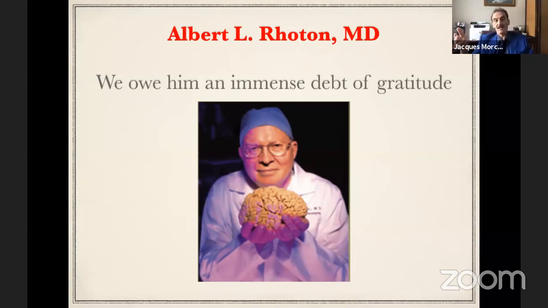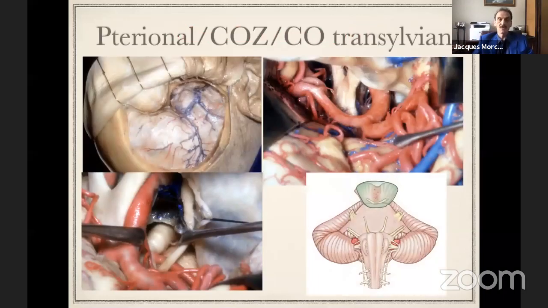So we owe this man, Al Rhoton, an immense debt of gratitude in everything we know in anatomy. And I'm going to use his slides to demonstrate some of the anatomical approaches. So pterional cranio-orbitozygomatic or cranio-orbital transsylvian would get you to this zone of the midbrain.